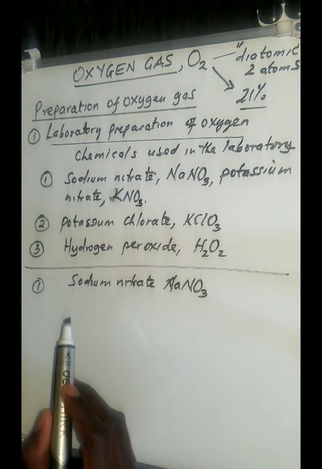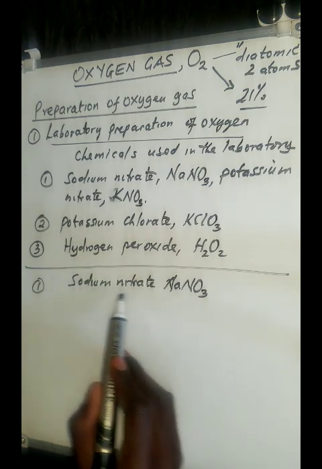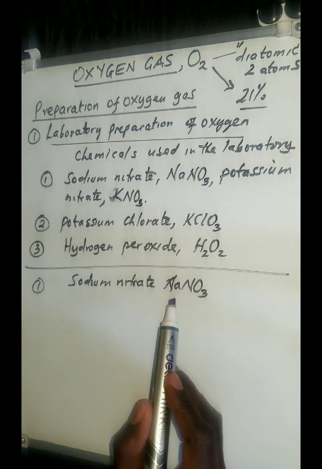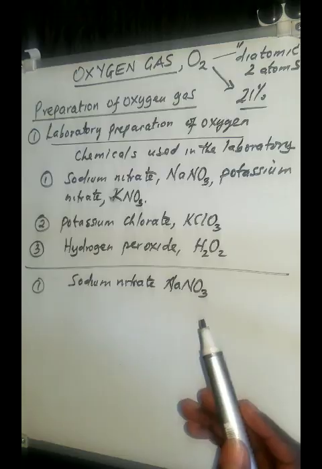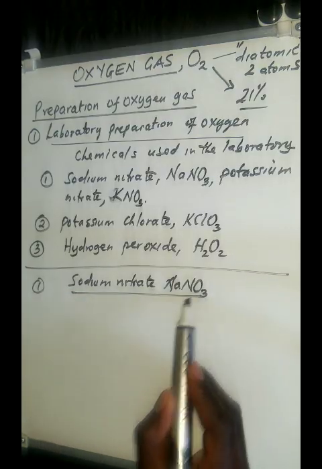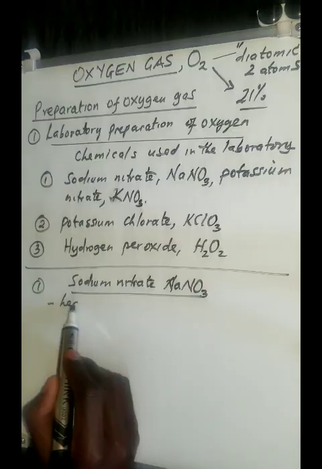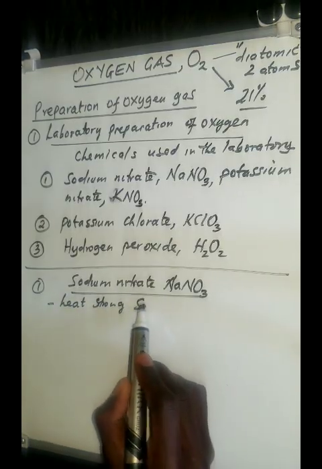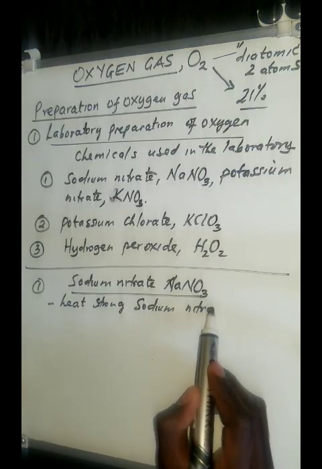When sodium nitrate is strongly heated, the gas that is going to be liberated is oxygen. So in the lab, you need to strongly heat sodium nitrate or potassium nitrate. So you can heat them strongly.